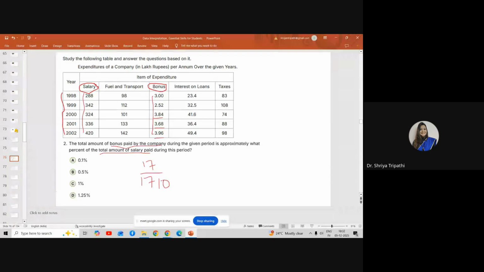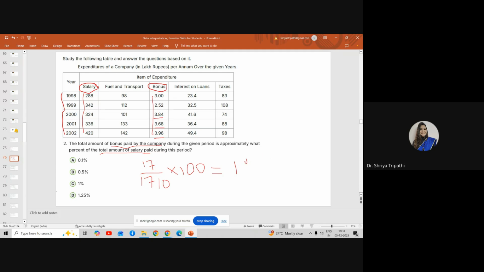Okay. Now the total amount of bonus is 17 and that is coming in the denominator. For percentage calculation, I will multiply it with 100. And here you will get 1 approximately.